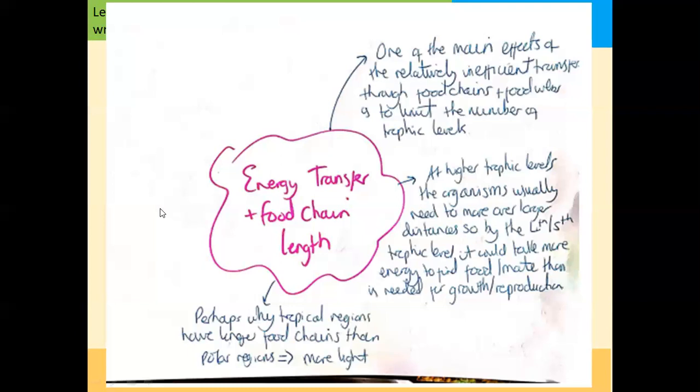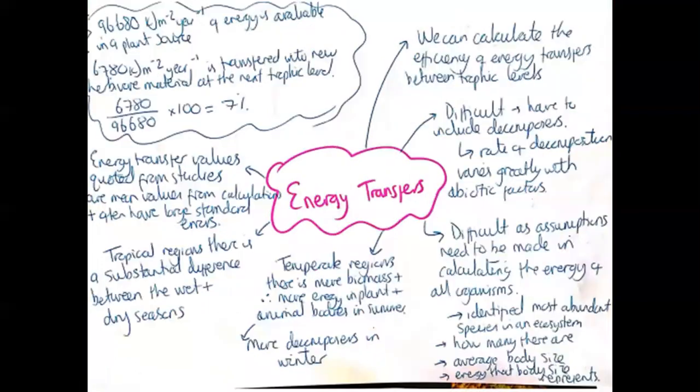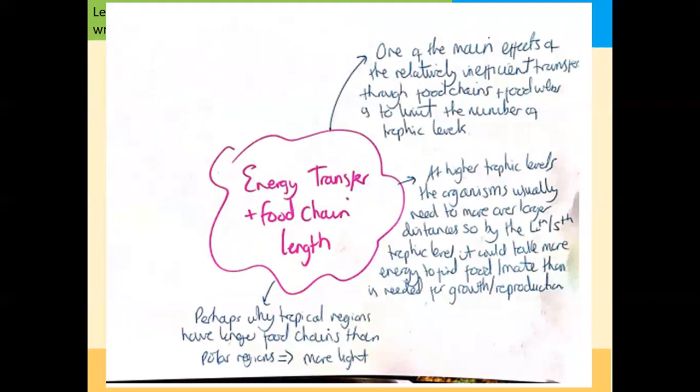But your main takeaways from this tutorial, as I said to you at the beginning, are to know what GPP and NPP are, so be able to describe them and be able to calculate them, be able to calculate the efficiency or the percentage of energy that is transferred through the trophic levels, as well as explain why these values may be different from the actual values, or explain why they're theoretical, explain why these are difficult calculations, and explain why the inefficiency of energy transferred through the food chain limits the length of the food chain.